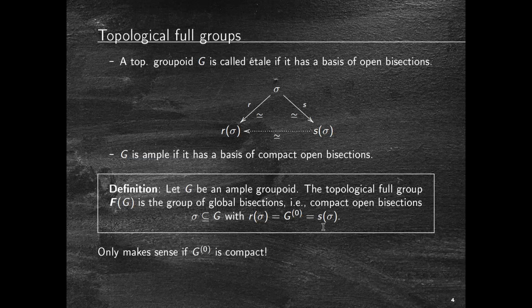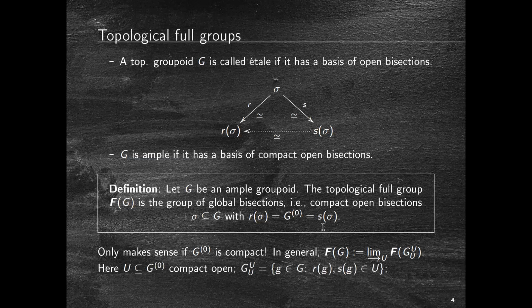And there is a more general definition, which avoids this restriction. So really what you do in general is you take an inductive limit of certain groups. And more precisely, what you do is you run through all compact open subspaces of your unit space. And for each of them, you form what's called the restriction groupoid.